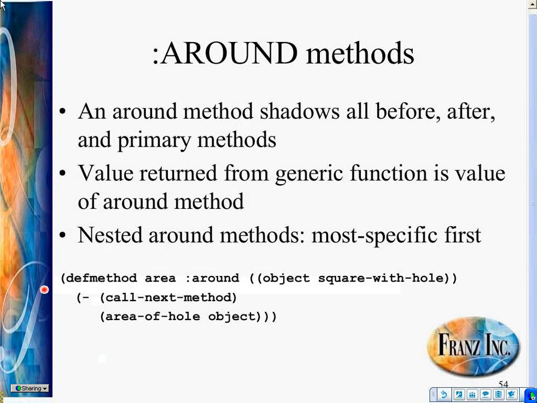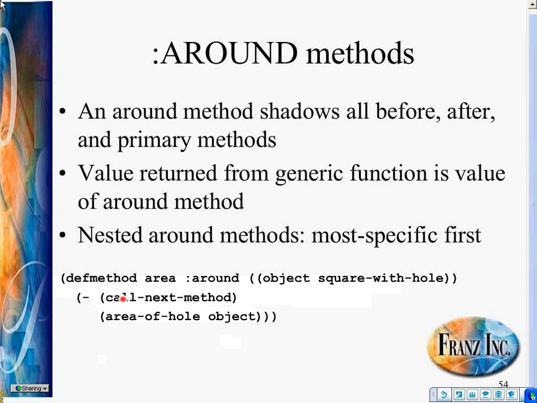Now, within the body of an around method, you can have a call to the operator call next method. And it will then look, and if there is a less specific around method, it will be called. If there are no less specific around methods, then it will call the most specific before method.